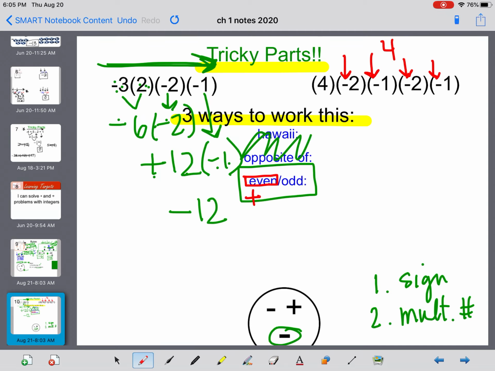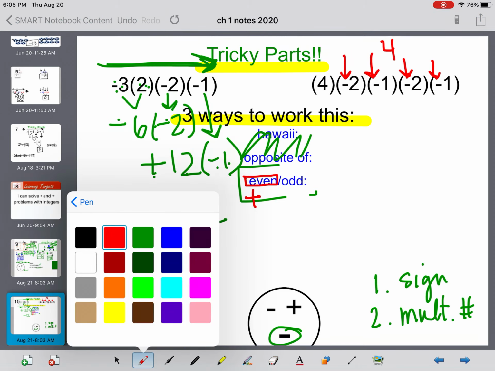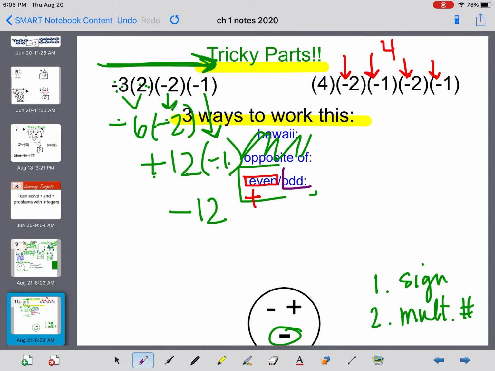My result is going to be positive. If I have an odd number, let's do that in a different color just to make sure we're highlighting it. If I have an odd number of negative signs, like over here, 1, 2, 3, right? 3 is an odd number. Then my result is going to be negative.